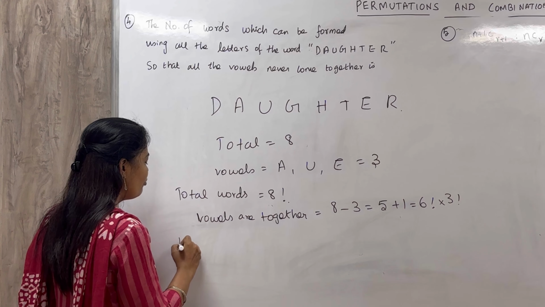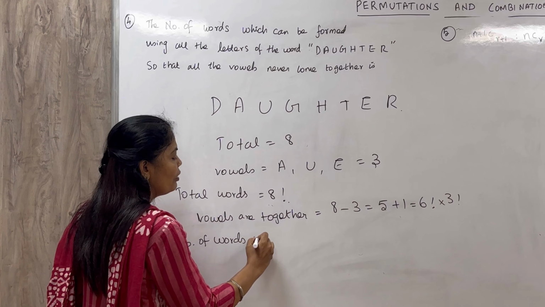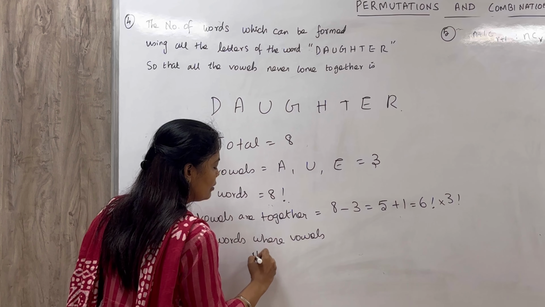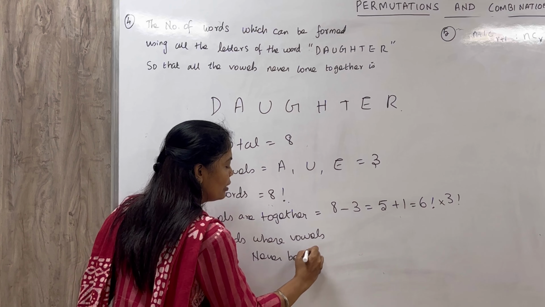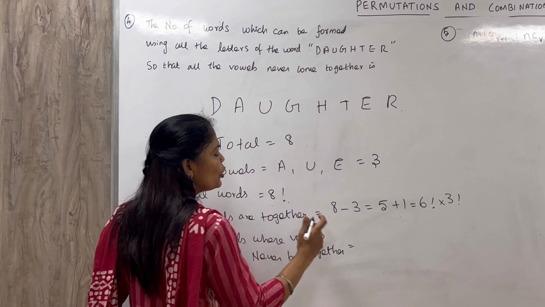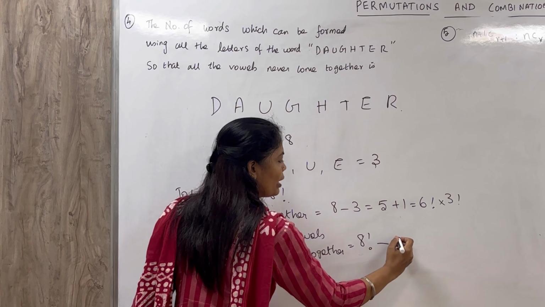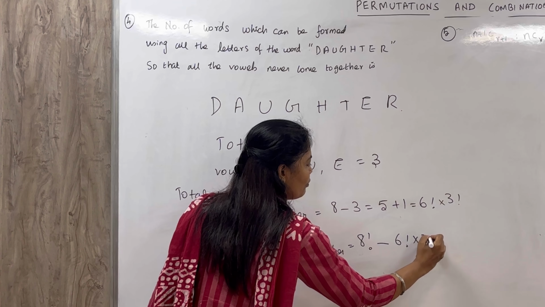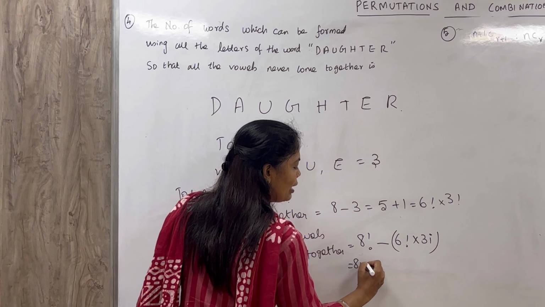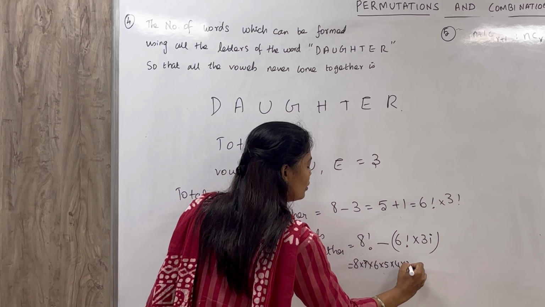Now the number of words where the vowels never come together is total arrangements 8 factorial minus all the vowels together, 6 factorial into 3 factorial, right? 8 factorial is 8 into 7, 6, 5, 4, 3, 2 and 1.